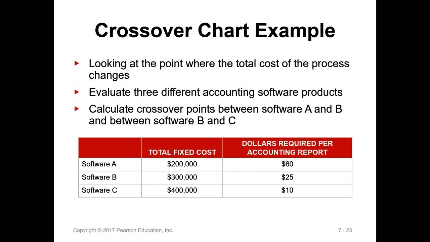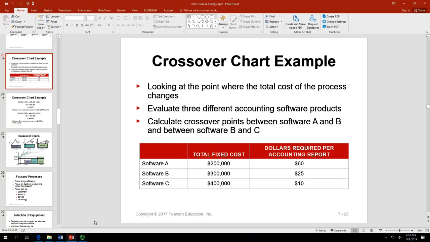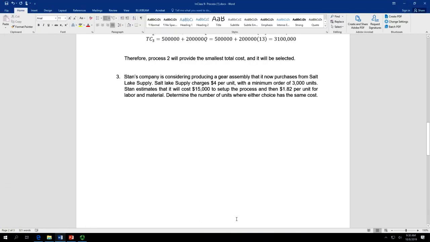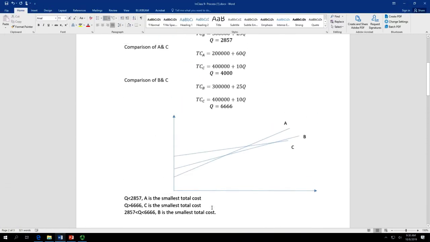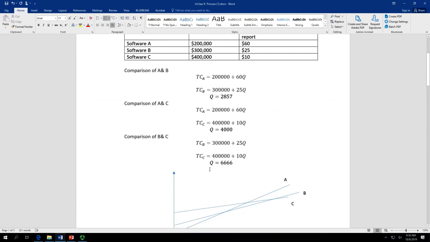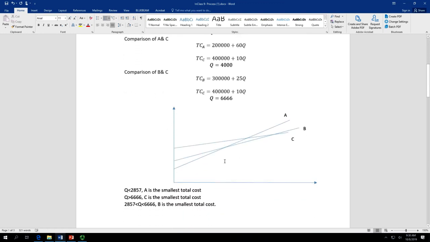So that's the first example. Compare the software A, B, and C. We use the crossover point and find out. So in class practice, we can compare individually the pair A and B, and also compare A and C, B and C. So when you solve the three equations, you can find out three individual crossover points.